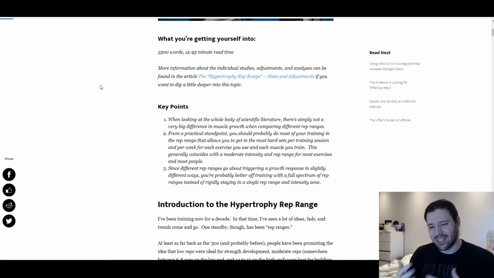That's what we call daily undulating periodization, which is just a fancy way of saying that you train at different rep ranges throughout the week. That is an approach that tends to be a little bit better on average for a lot of people, simply because you get the benefits of each of those rep ranges, with different rep ranges provoking different adaptations. And you're not just doing the same thing over and over again, which is boring, and is going to make you kind of a one-trick lifter, right?